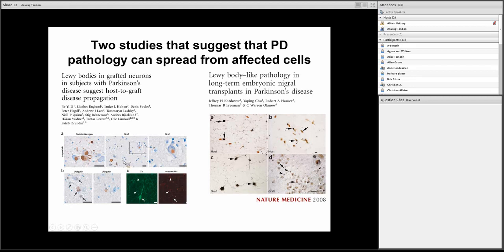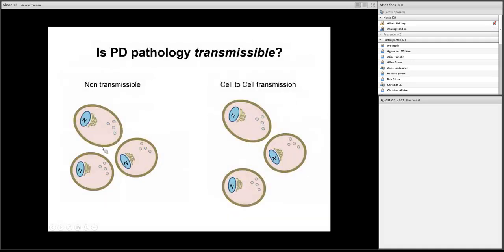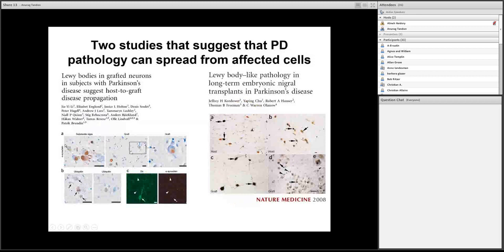So at the time of this postmortem examination, the graft tissue would have been only 8 to 15 years old, whereas the Parkinson's tissue, the patient's substantia nigra, would obviously have been well over 65 years. So unexpectedly, they see these Lewy bodies in what they would have thought to be healthy tissue, and this raised a possibility that the conditions of the brain of these Parkinson patients is actually causing a change in the healthy tissue.